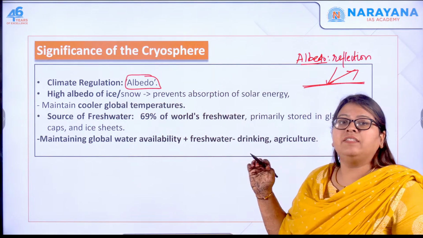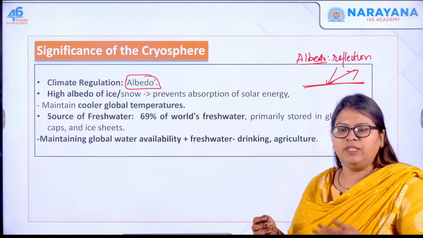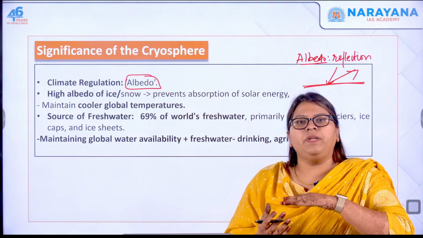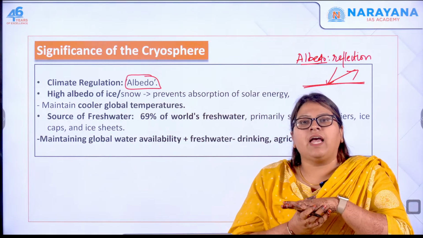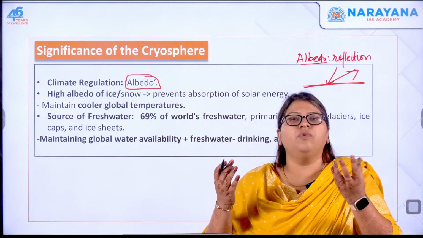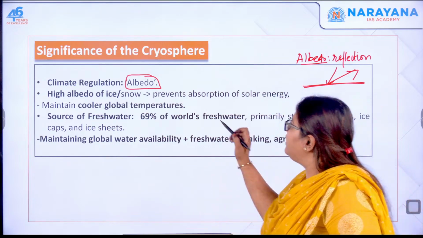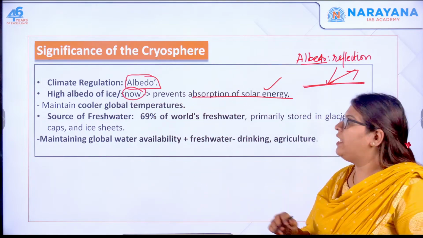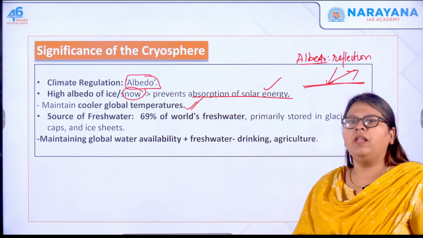Here, if there is high albedo, which means a high amount of reflection from the surface, what happens? There will not be much energy absorbed, so the temperature is regulated and there is no higher temperature. So when there is high albedo, it prevents the absorption of solar energy and helps in maintaining a cooler global temperature.